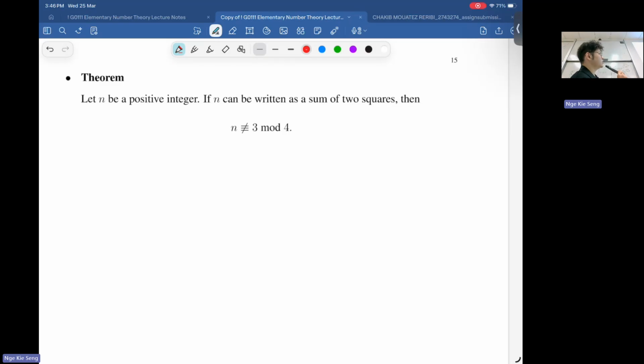If it is, then it is definitely not a sum of 2 squares. So what does this mean? You already throw away 1/4 of your numbers that cannot be written as a sum of two squares. How to prove this?